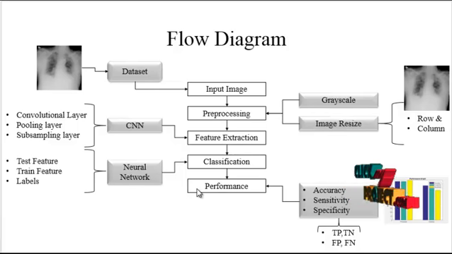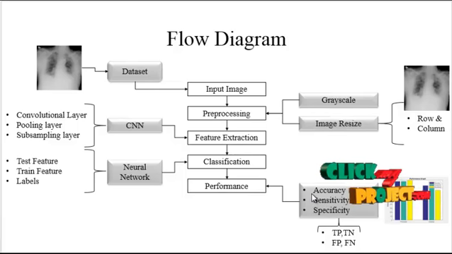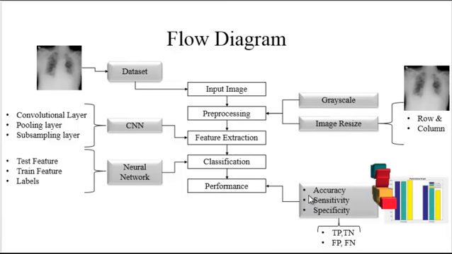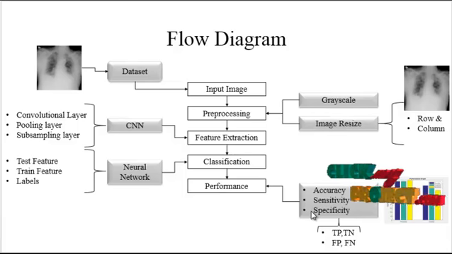After the classification step, the performance evaluation will be carried out. In this performance step, we are using three kinds of performance parameters: accuracy, sensitivity and specificity. These are the three parameters to justify whether the process is efficient or not.